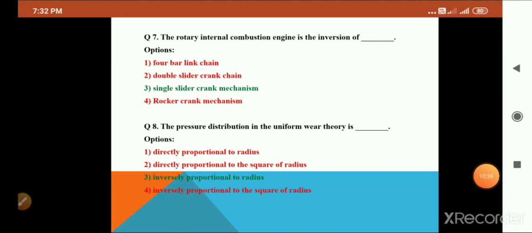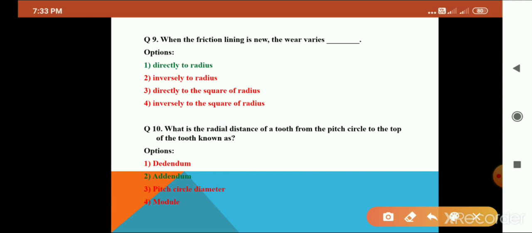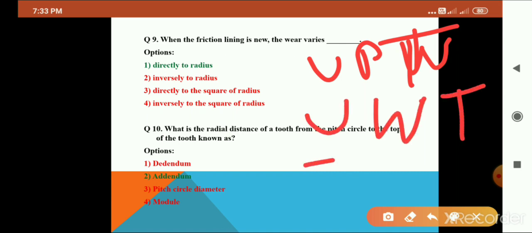Let's come to the next question. When the friction lining is new, the wear varies. Options are given. So always remember that for new friction lining, uniform pressure theory is always applicable, and for the older friction lining, getting older, the uniform wear theory will be applicable.